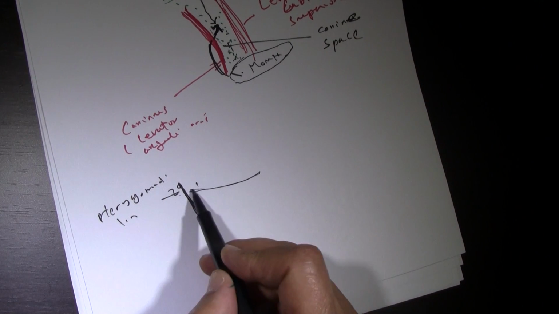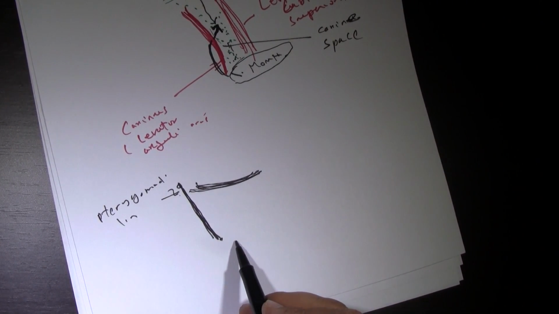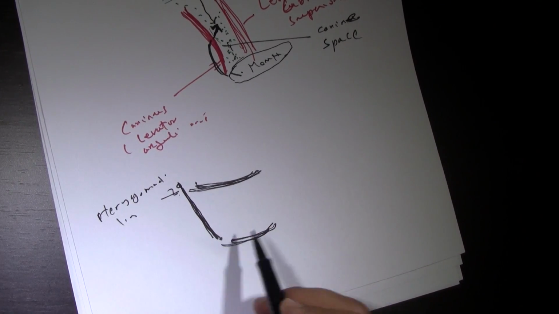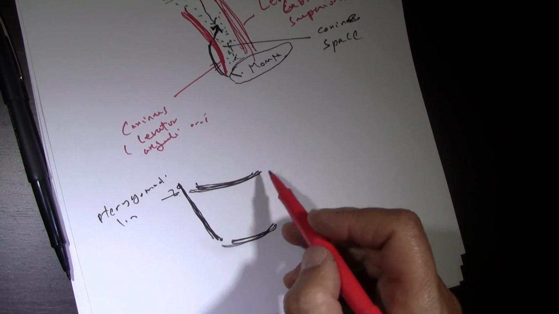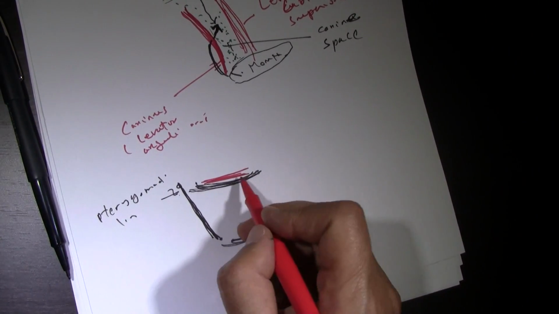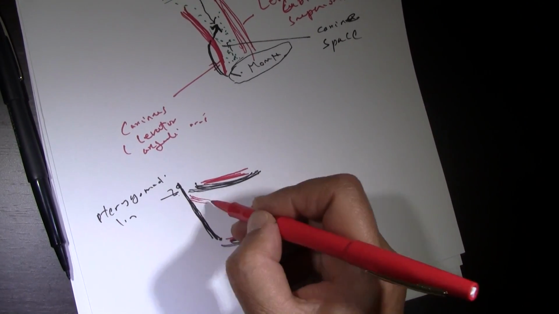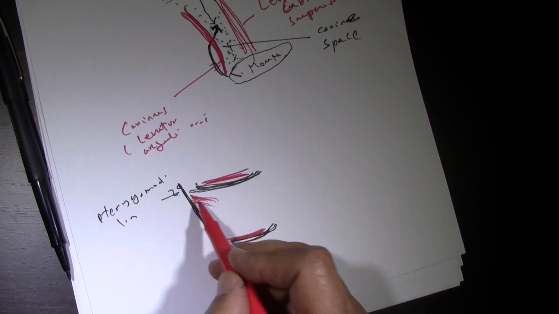This is the maxilla, and here is the mandible, and then you have buccinator taking origin from this area opposite the molar teeth, and this area from the mandible opposite the molar teeth, and also from this ligament.